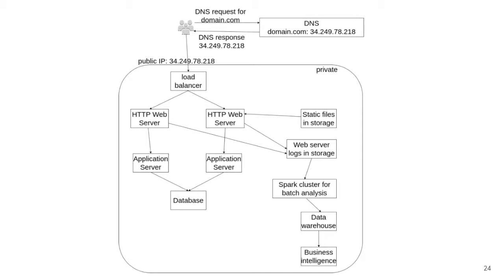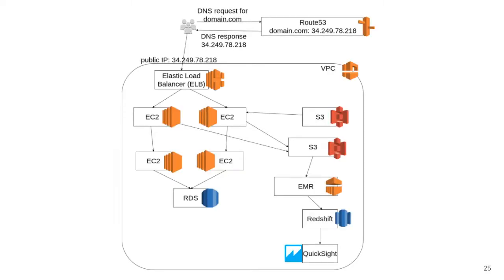These web servers respond and return web pages to your different customers, and each web server maybe needs some computation that's done on an application server, and application servers are then connected to the database and all these other things. So in Amazon, you can just create that.